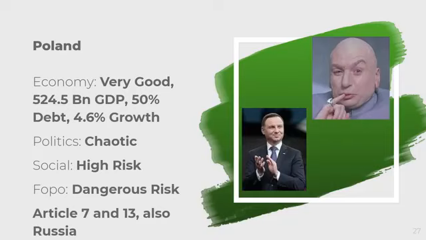Their politics are chaotic because they currently have another right-wing populist government. And what they recently tried to do was lower the age of judges within Poland so that they could replace all the liberal judges with new political loyalists so they could control the judicial system.